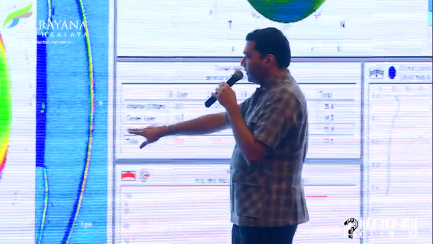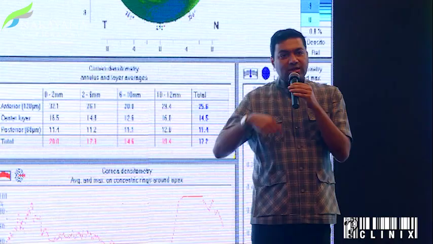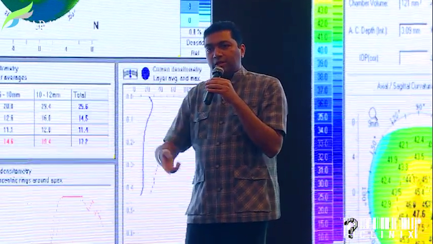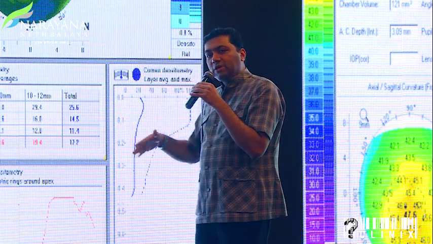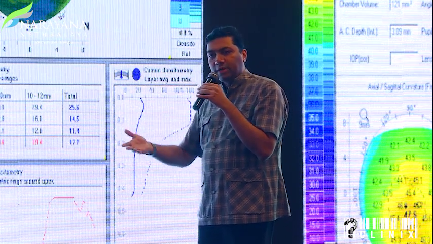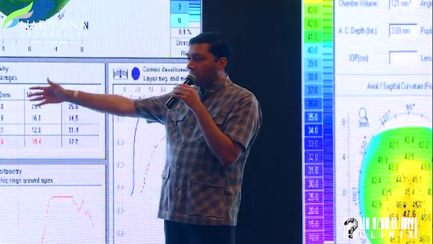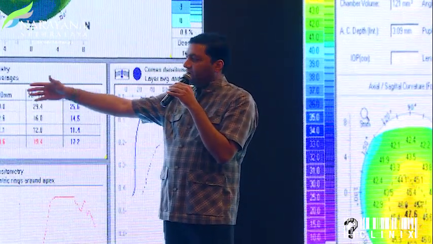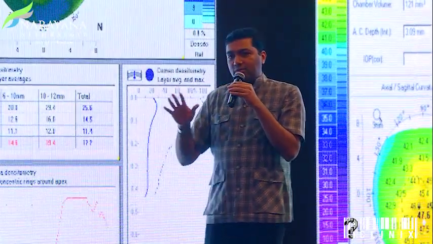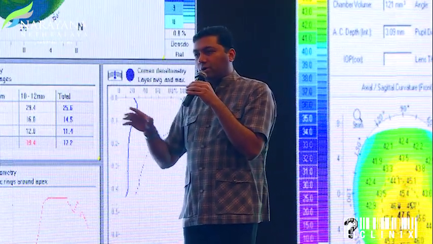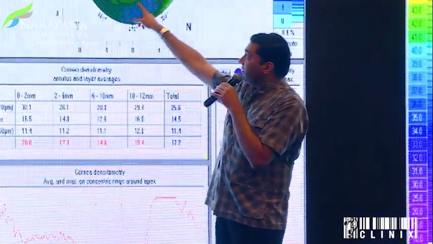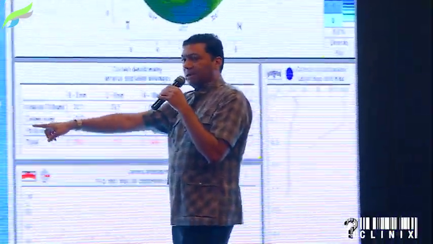Once it reduces, your value starts coming back to the pre-op stage, and then your repeatability starts getting much better. So even though a lot of people don't use it, I find it extremely useful because it tells you exactly whether the repeatability of your scans is good or not.